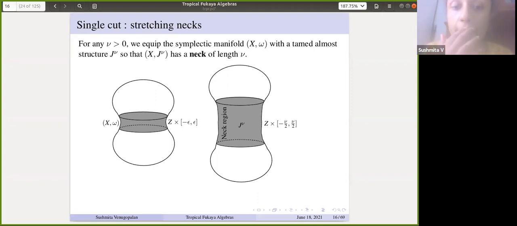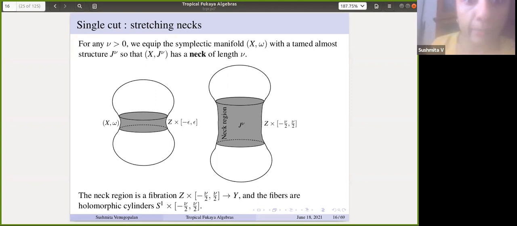And by neck, I mean that it's a fibration whose fibers are holomorphic cylinders of length nu, and nu is the parameter which is just going off to infinity.